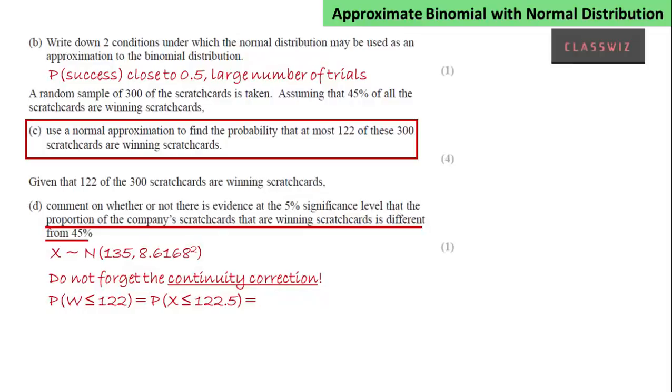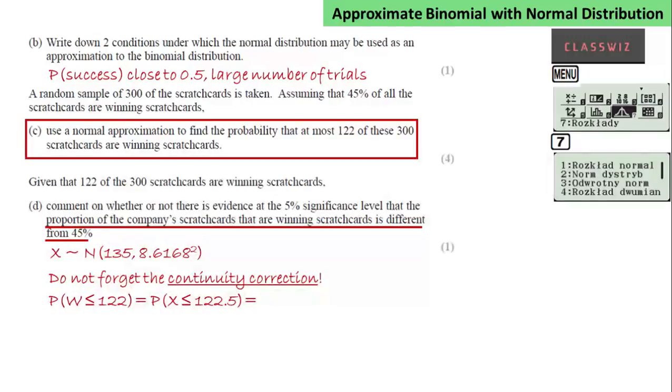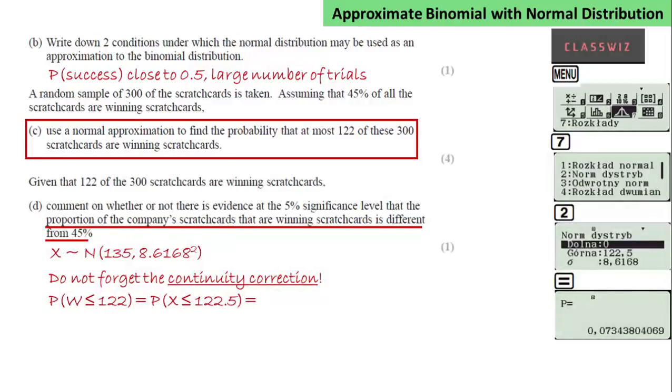So go through ClassWiz. Option 7. We're going to go for the normal distribution, so it's option 2. Fill in the details, the lower, the upper. Sigma as 8.6168, the mean as 135, and we find out the probability equal to 0.0734.